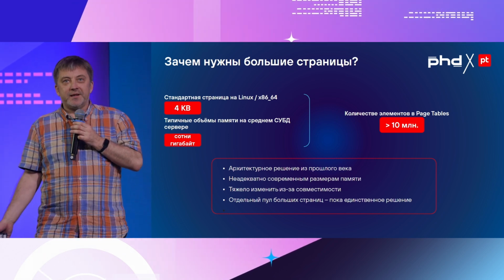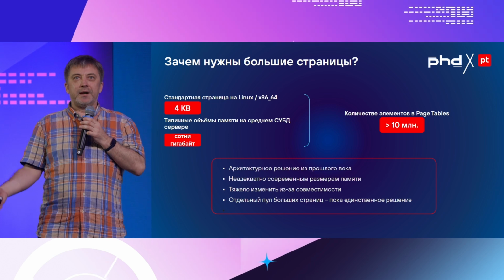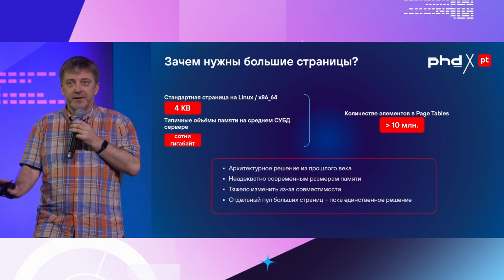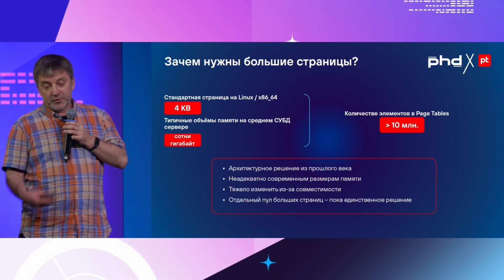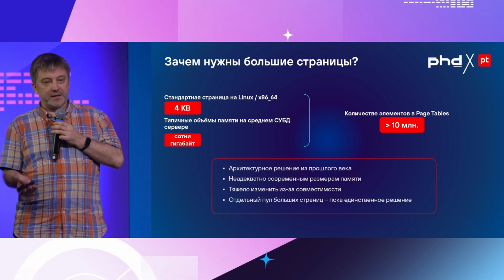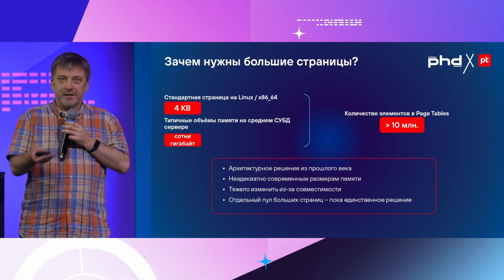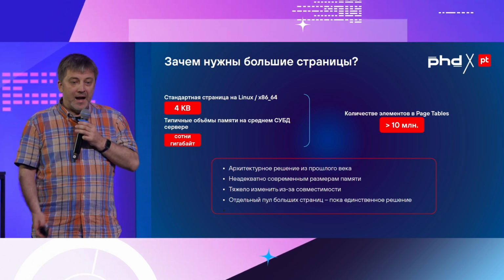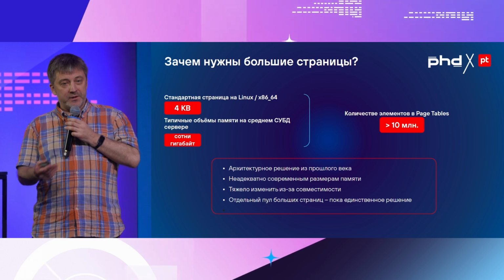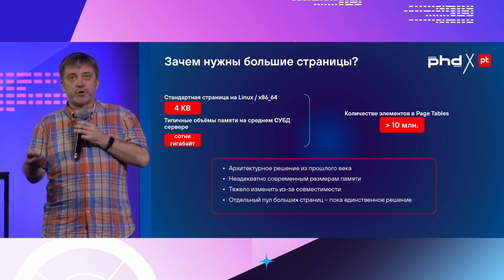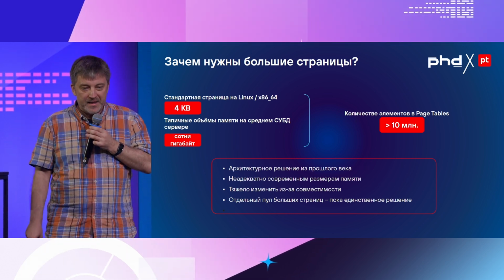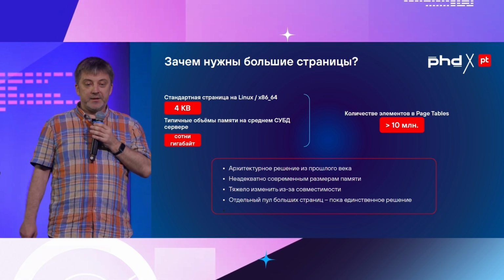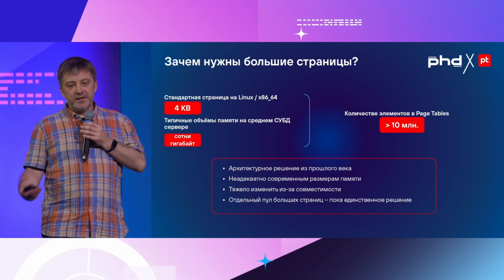At that time, it appeared normal, but now the typical memory size in servers is measured in hundreds of gigabytes, which means that with a 4 kilobyte page, you get 10 million such page table entries. And if the server is large, with a terabyte or several terabytes of memory, then the number of pages gets really huge.